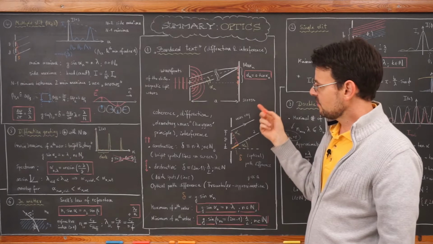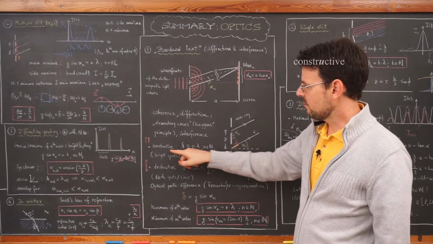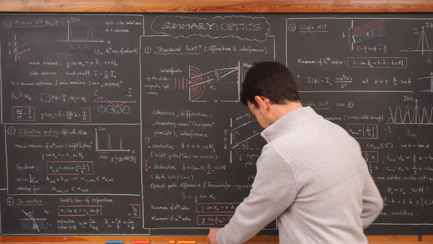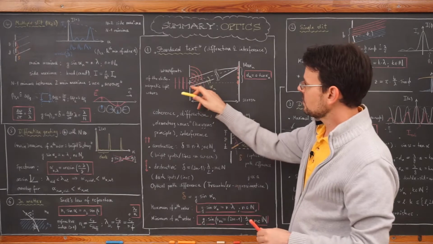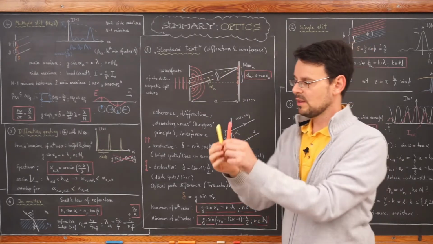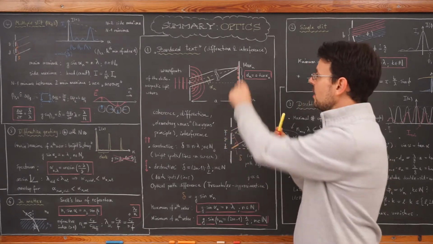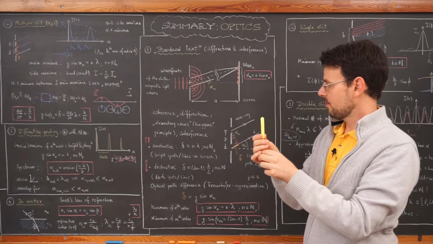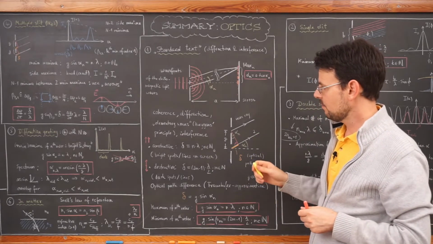The explanation is as follows. Two elementary waves can overlap in a constructive manner, meaning the electric field vectors of the wave that comes from here and the wave that comes from here point in the same direction. Then they add up and I get a bright spot, called a maximum of intensity.